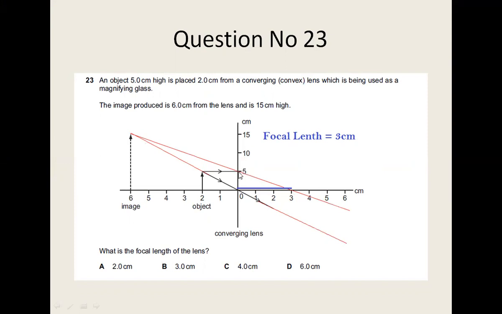And I will prolong this line behind the object, and these two lines, they will intersect here. So this will be your image. So in the same direction, I joined this point with this point and I prolonged it. So when it cuts the principal axis, I check what's the reading here. So here we have 3 centimeter.